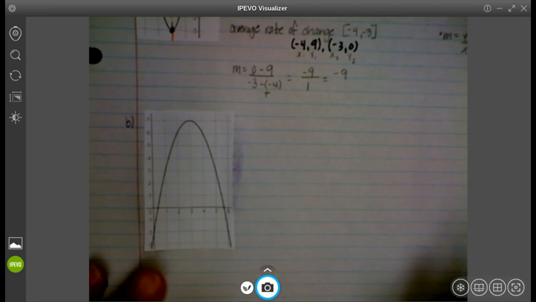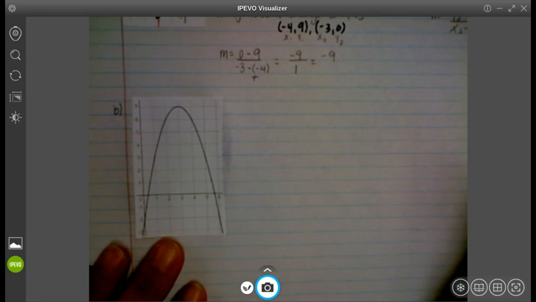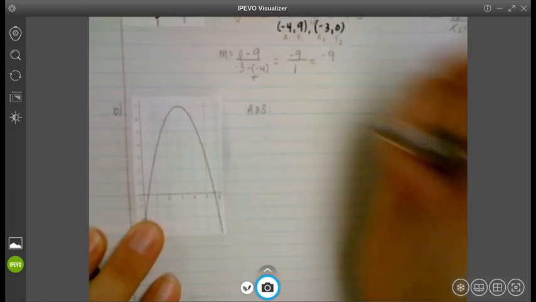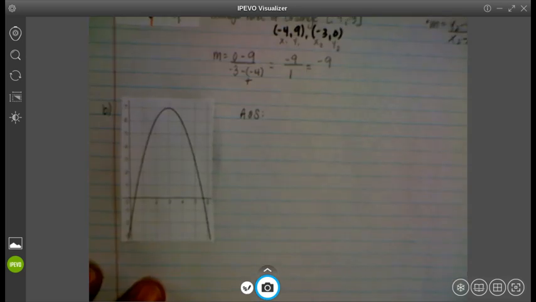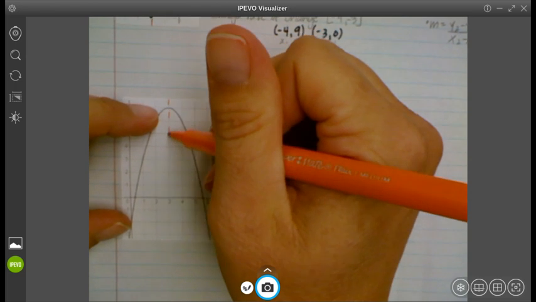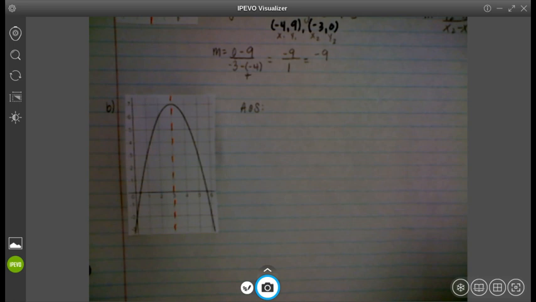Okay, so again, the first thing we want to identify is the axis of symmetry, and I'm going to use abbreviations for this one. So axis of symmetry, we're going to say AOS. Axis of symmetry is the line that goes through our vertex, and that's going to be x equals 3.